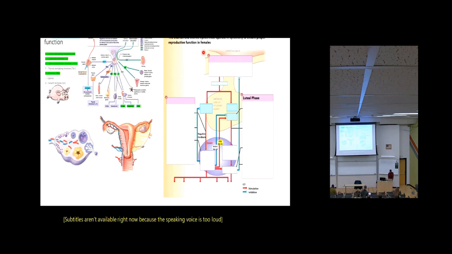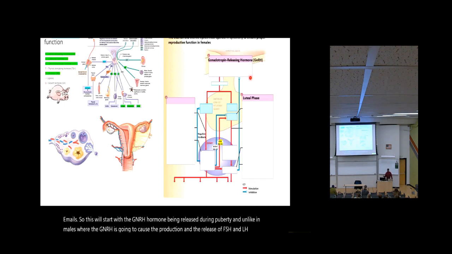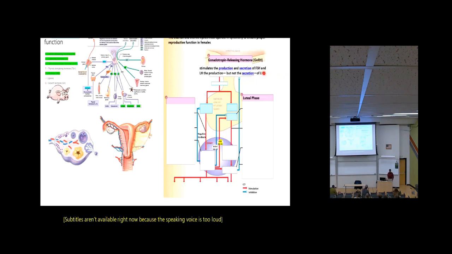So this will start with the GnRH hormone being released during puberty, and unlike in males where the GnRH is going to cause the production and the release of FSH and LH, there's something slightly different happening in females. Notice that as far as FSH production and secretion are concerned, that is controlled by GnRH, right?